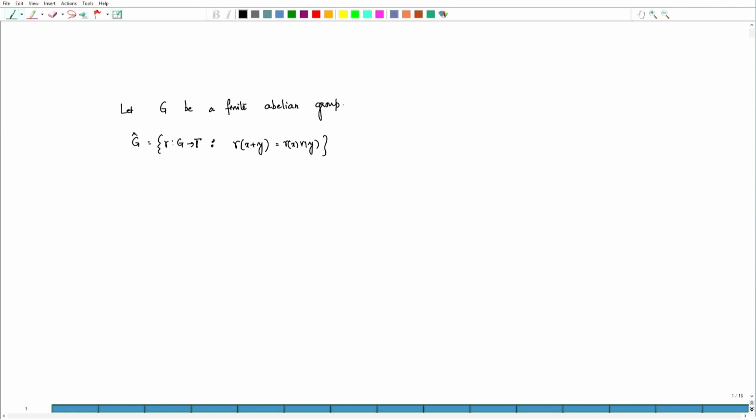This is the basic ingredient to do Fourier analysis.